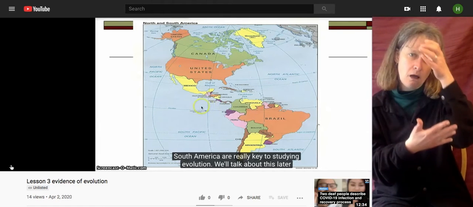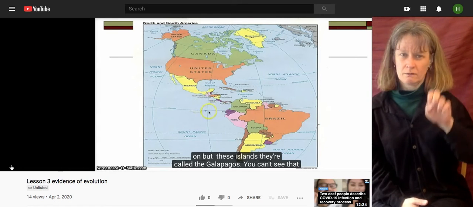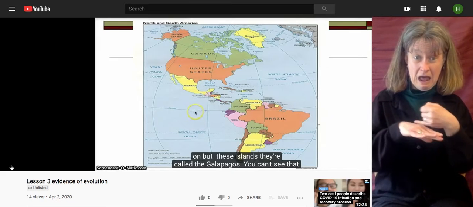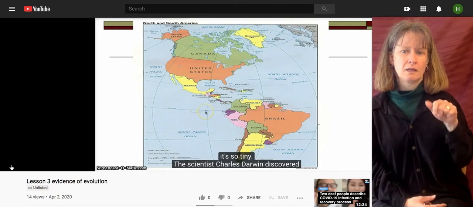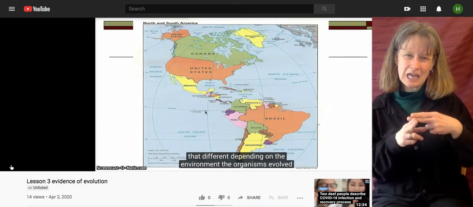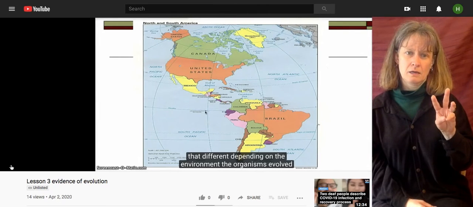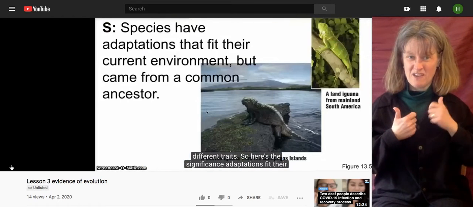We'll talk about this later on, but a lot of these islands, they're called the Galapagos. You can't see that, it's so tiny. The scientist Charles Darwin discovered that depending on the environment, the organisms evolved different traits.